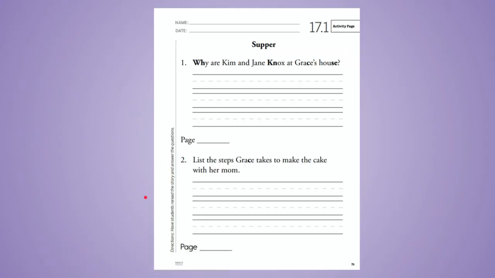And at the bottom, it has the number 75. Okay, ready? Put your name and the date at the top of your paper. Today's date is May 21st, 2020. Don't forget, you can pause whenever you need to.